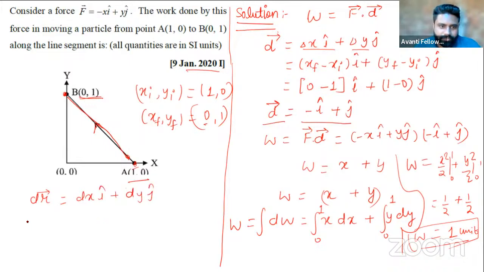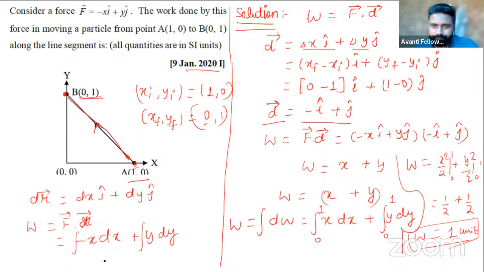And if you take the dot product with the force vector, F dot dr, it will become minus x dx plus y dy.